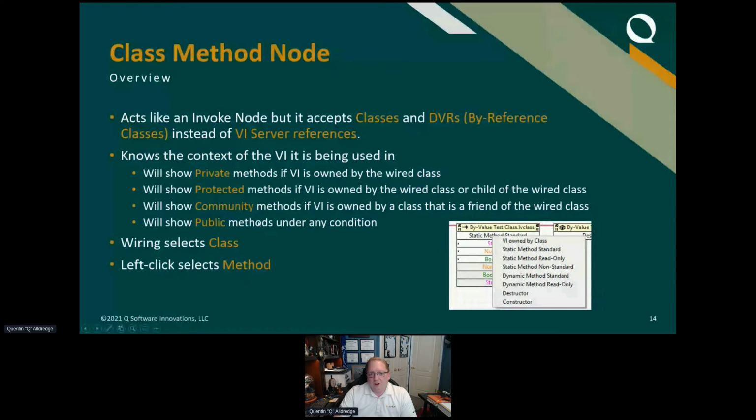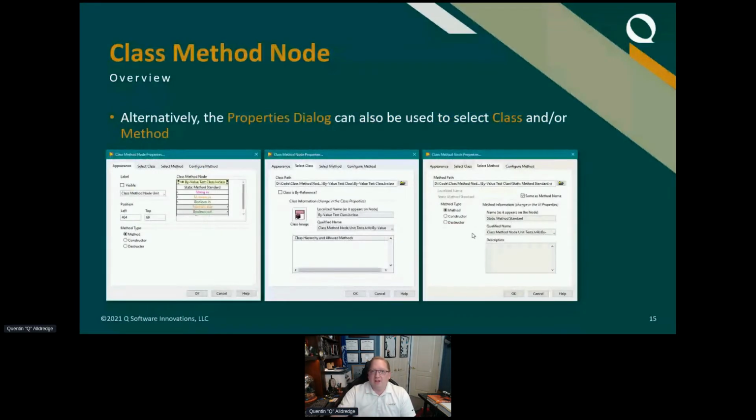You can automatically see all the public ones, but community, protected, and private are only displayed based on the rules that should be there. You can just wire the class to it, and that selects the class, and then left-clicking selects the menu. There's also some right-click property node, or a property dialog, that can let you see all of these things too.